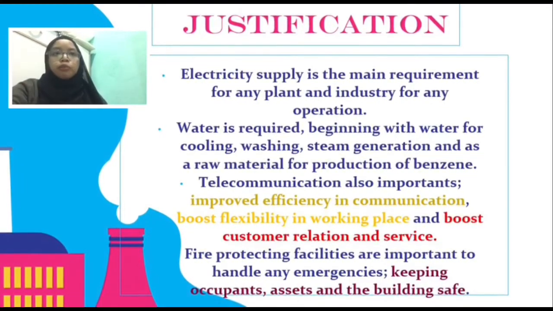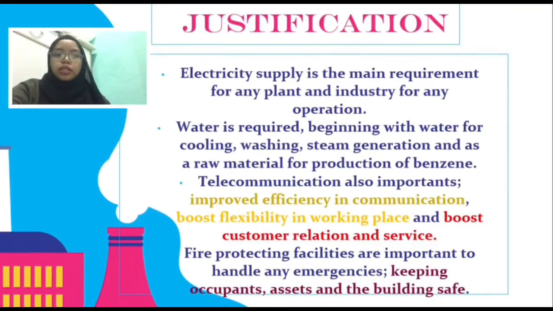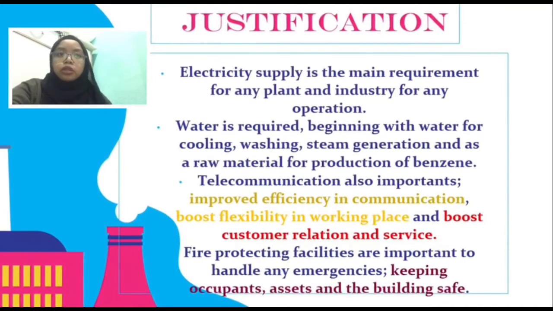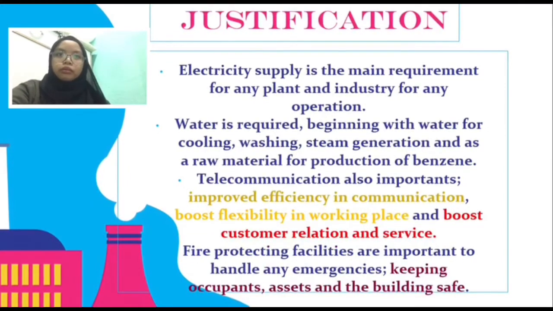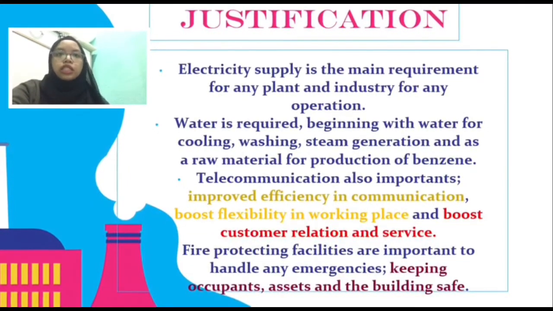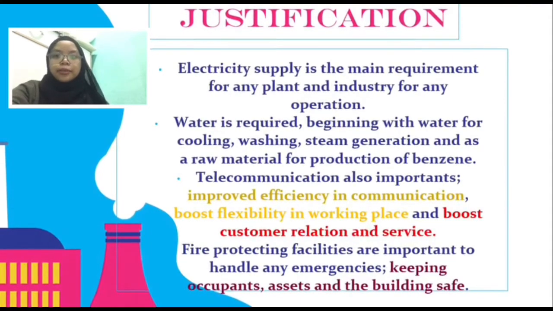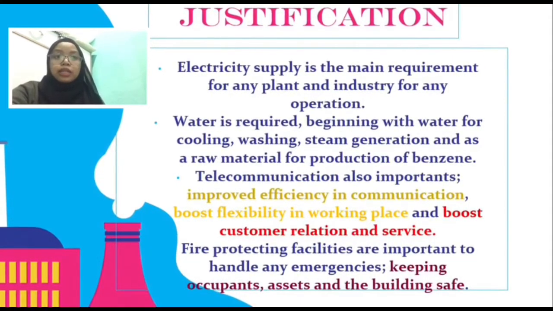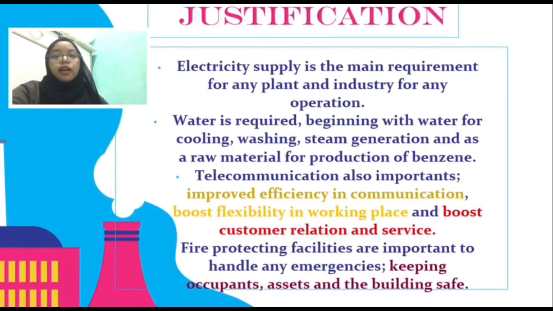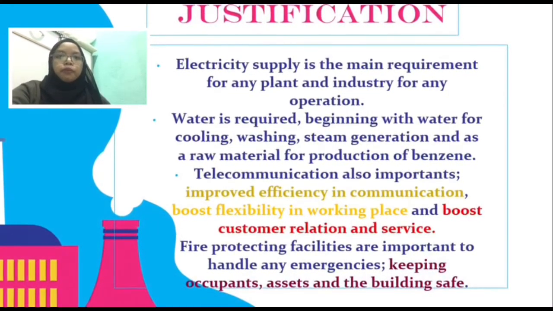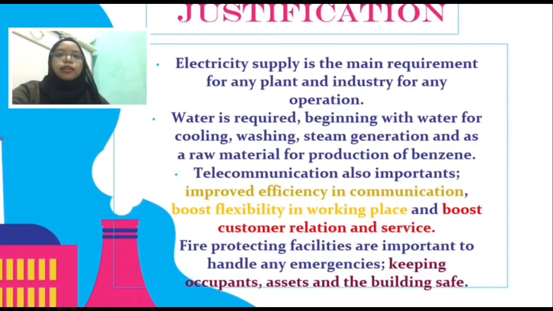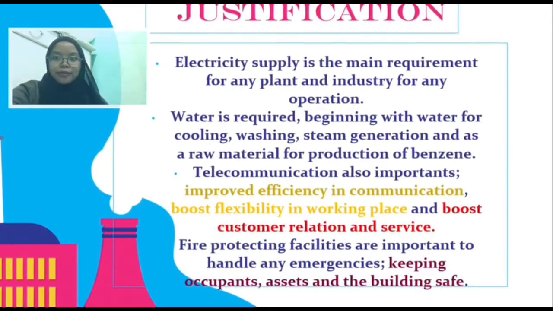It improves efficiency in communication. It boosts flexibility in the working place and also boosts customer relationship and service. And last but not least, fire protection facilities are important to handle any emergencies. It keeps occupants, assets, and the building safe.